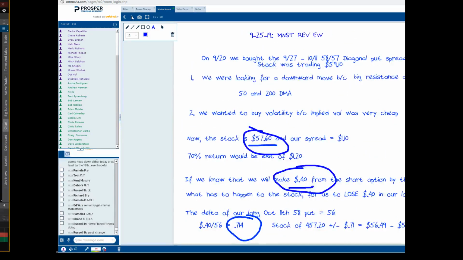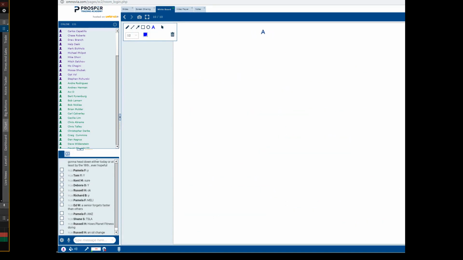So let me get a whiteboard going here. Okay, so I started last week, I put out there an algebraic equation for stock calls and puts.